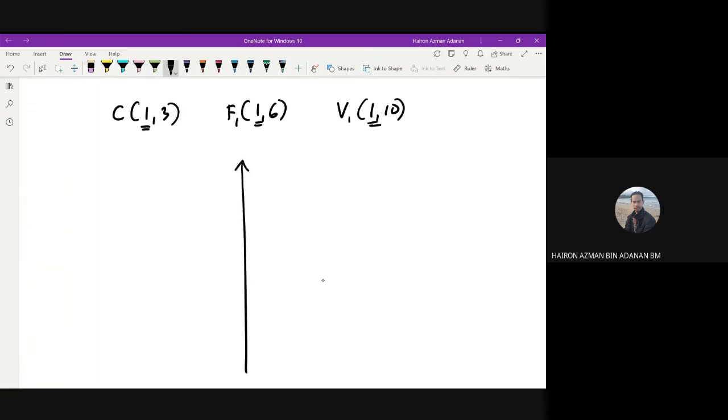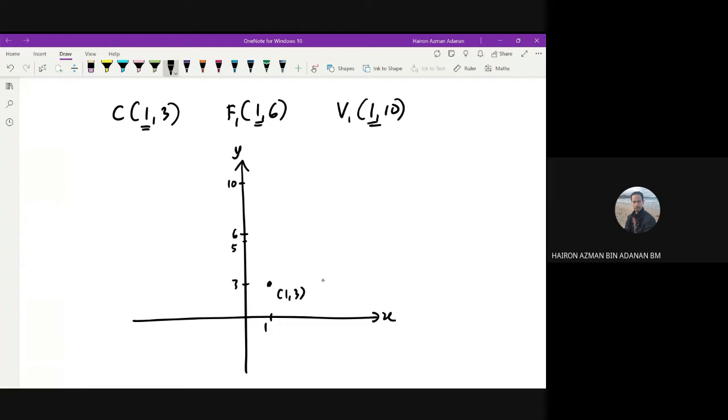Wait, I draw. Okay, 5 here, 10 here. Okay, so 1, 3, maybe 3 here, and then 6 here. Ni 3. So 1, 3, this is your center.